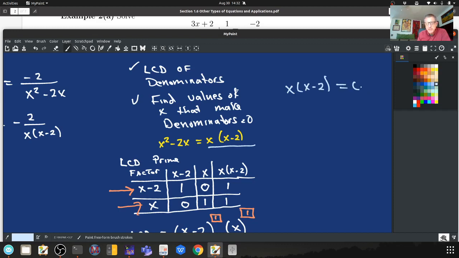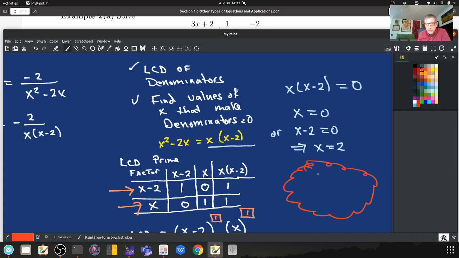Set that equal to 0, so that gives x is equal to 0, or x minus 2 is equal to 0, which implies x is equal to 2. So I take note over here. What is forbidden as solutions? x cannot be equal to 0 and x cannot be equal to 2.